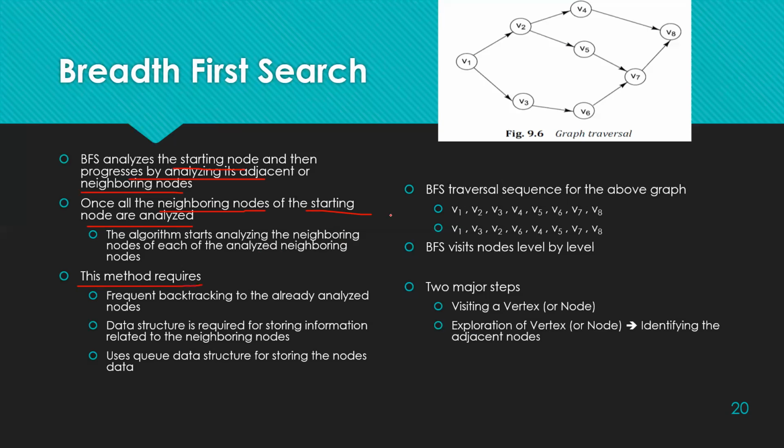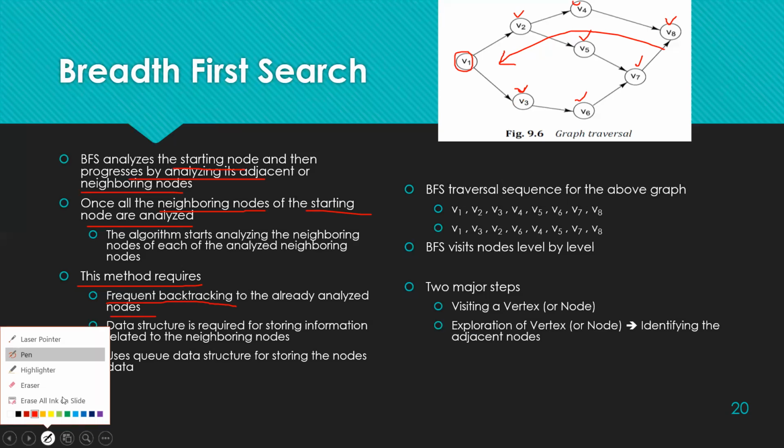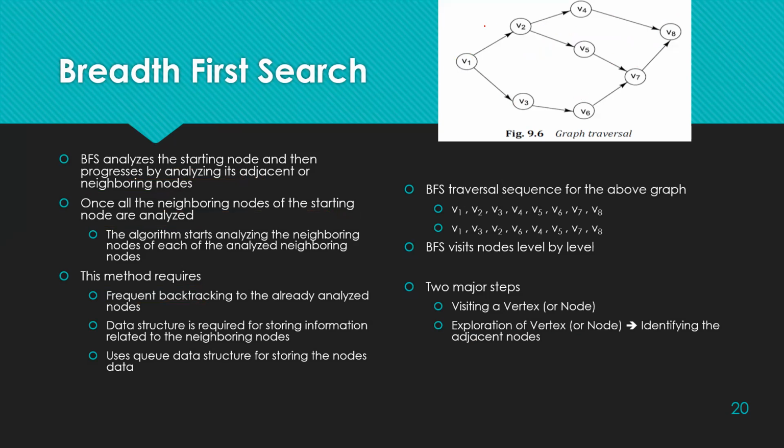Now if you observe this method, I observed that 1 has 2 and 3, 2 has 4 and 5, 4 has, say, 8, 5 has 7. Now I have to get back to 1 and see 3. For 3, there is 6. So what is happening? Frequently you have to keep backtracking over the analyzed nodes, since I need to check whether all the nodes are being visited or not.